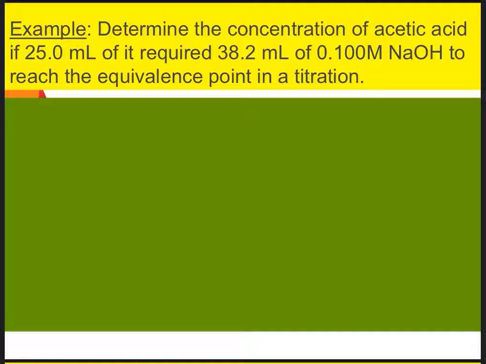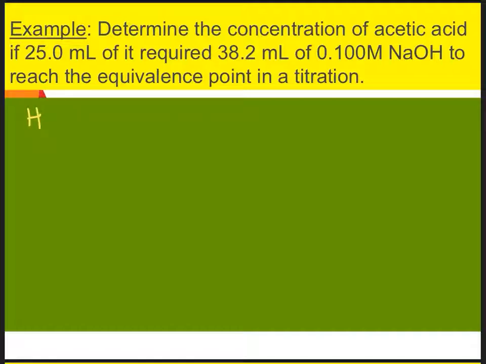Next example, we are going to determine the concentration of acetic acid if 25 milliliters of it required 38.2 milliliters of a 0.1 molar sodium hydroxide solution to reach the equivalence point in a titration. Let's start by writing our equation.